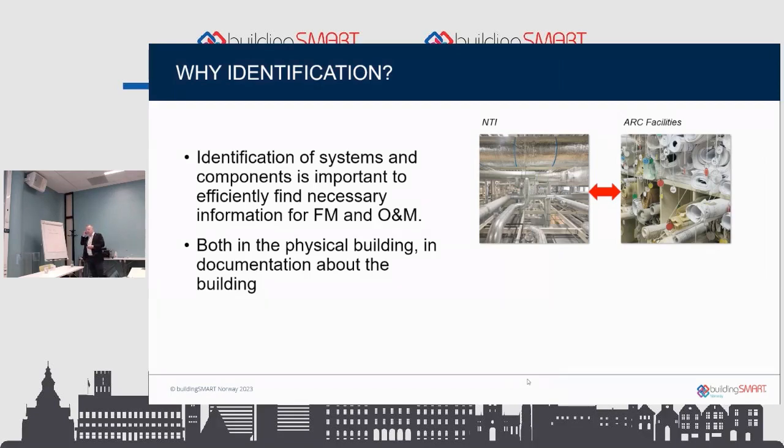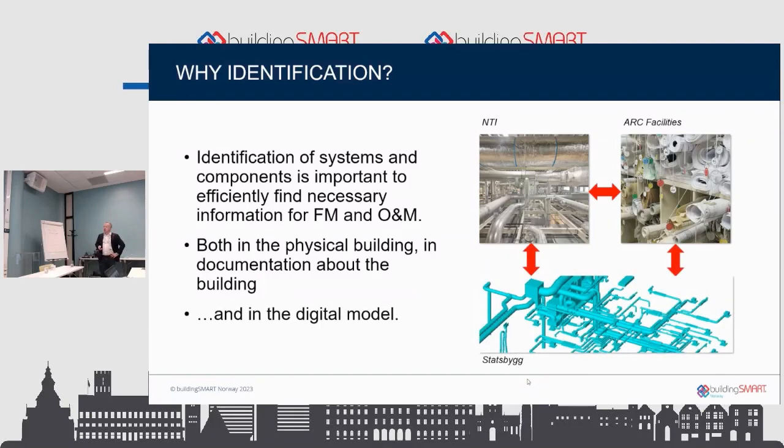Just to stress Gunnar's point, buildings are complex. Documentation can also be quite complex, whether it is analog or digital. So what we want to do is to combine and use the model, which is, in my view, a geometrical distribution of data to see the resemblance and the representation of the building, and actually have the added information that makes it easy, because you can identify it and look up the information you need.